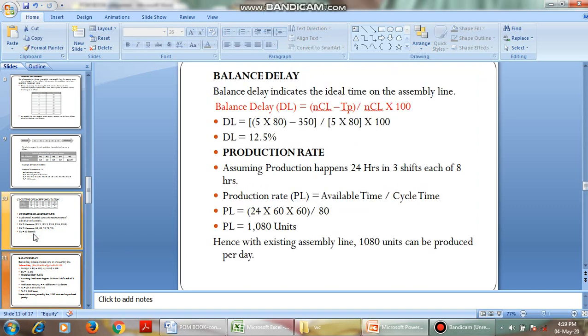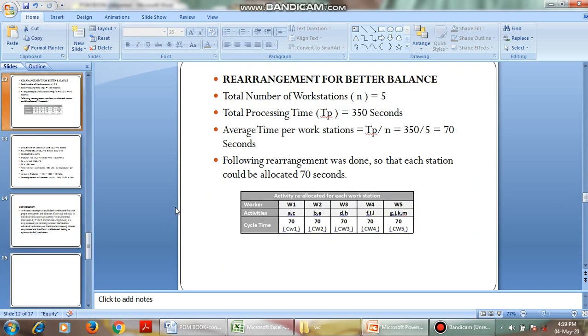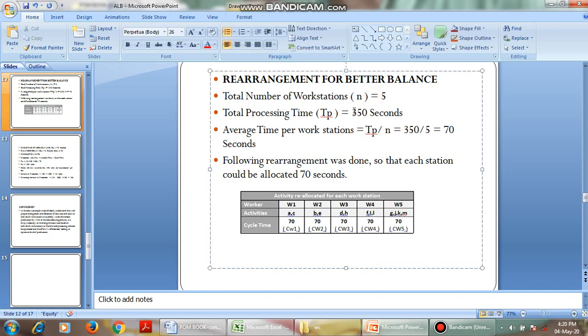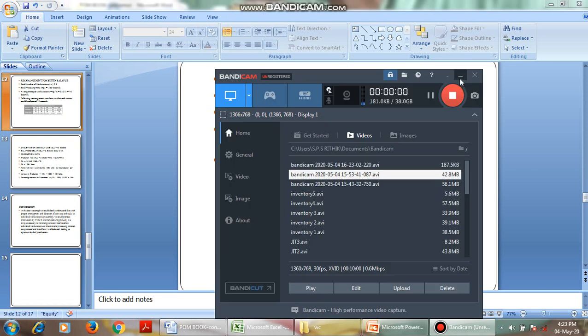Okay, right. Next, if we rearrange this assembly line, we will reduce the idle time and we can increase the number of products. See here, the number of workstations is 5, the total processing time is 350, so TP by N, total processing time by number of workstations, is equal to 70 seconds.